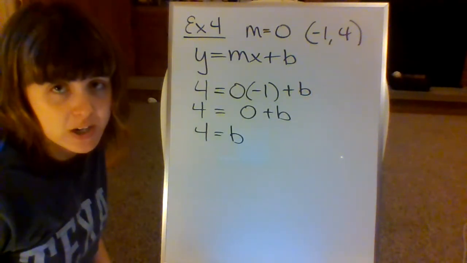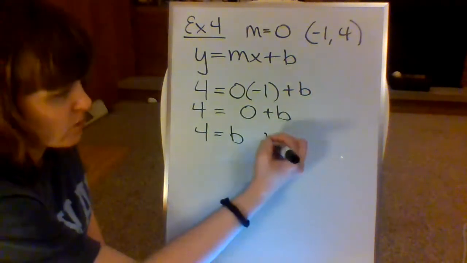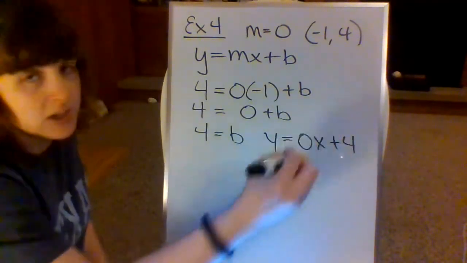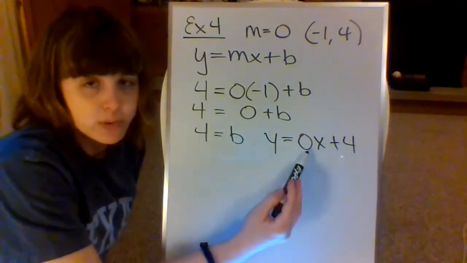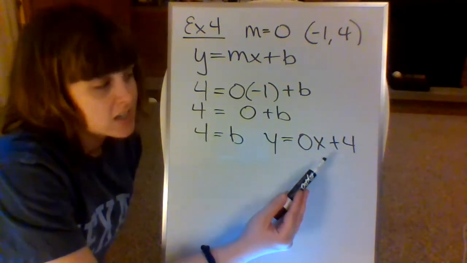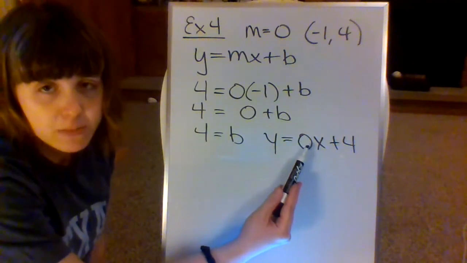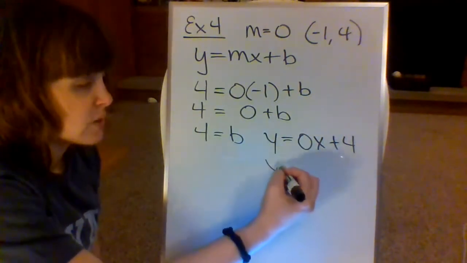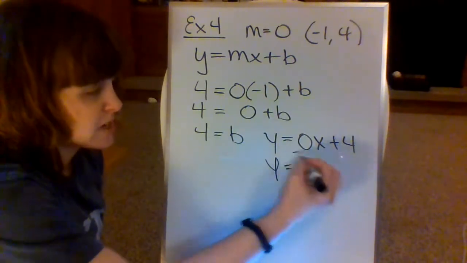So when we go to write our equation, we're going to start out y equals 0x plus 4. But again, most people don't write 0x when they're writing equations of lines. They would just leave that part out because, again, 0 times anything is just 0. So our actual equation is y equals 4.